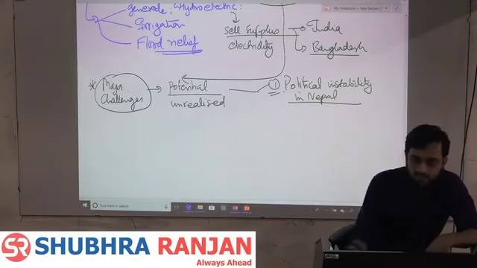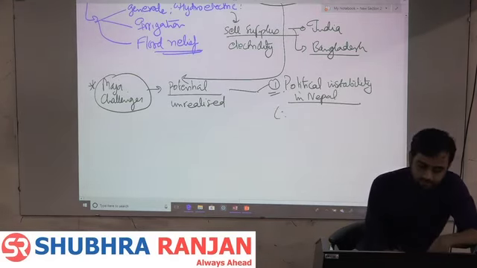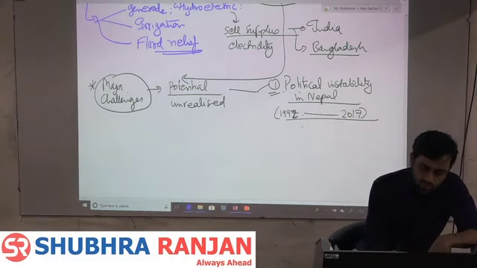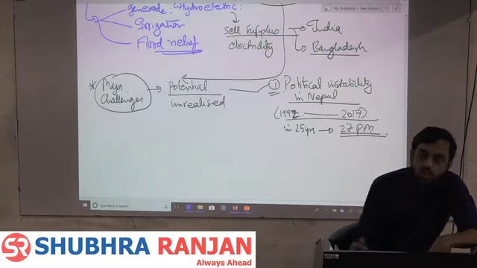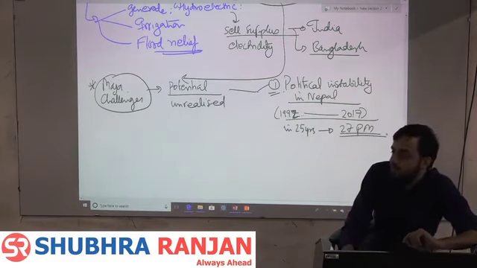Just to give you an example, between 1997 to 2017, 25 years, in 25 years, 27 prime ministers have happened in Nepal.